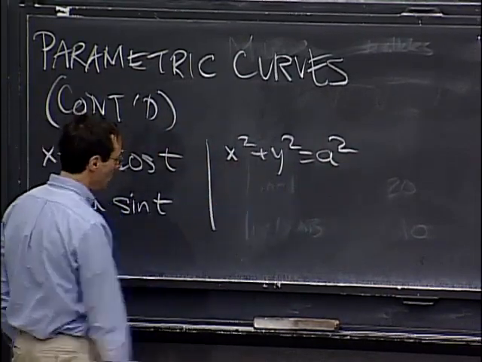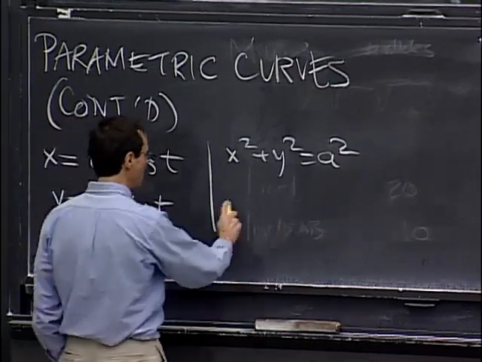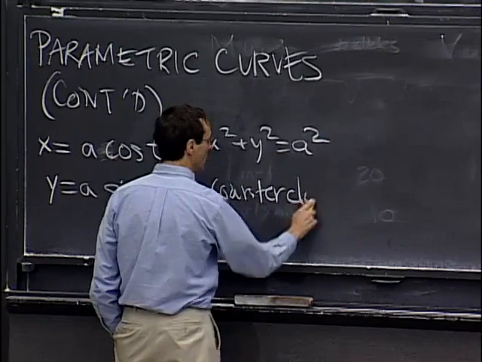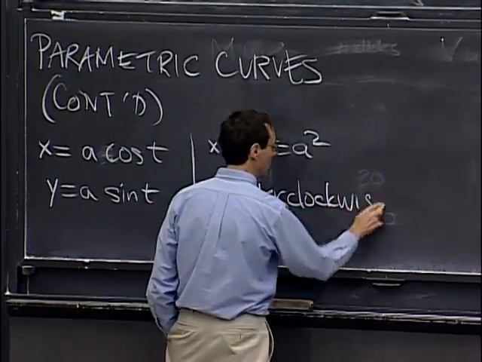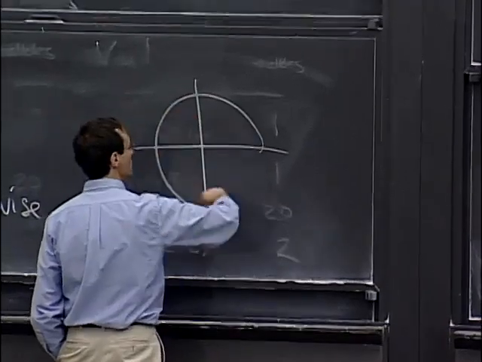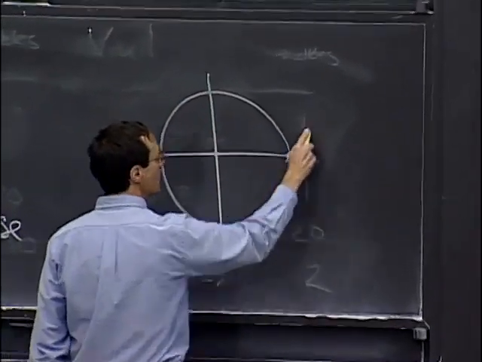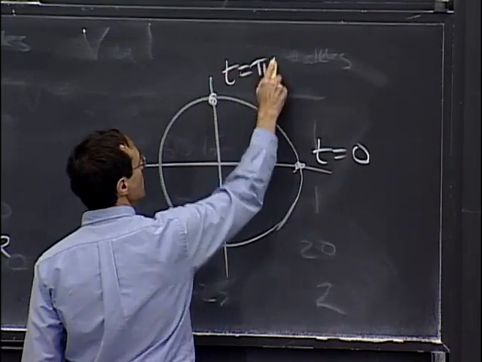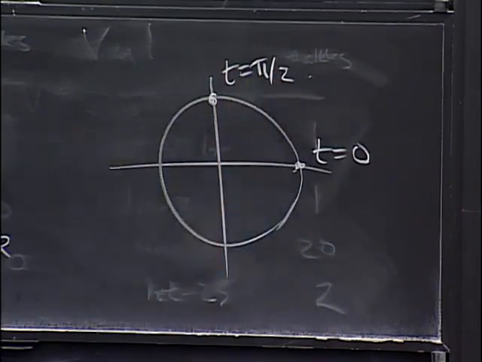That satisfies the equation for the circle. And it's traced counterclockwise. The picture looks like this. Here's the circle. And it starts out here at t equals 0, and it gets up to here at time t equals pi over 2.